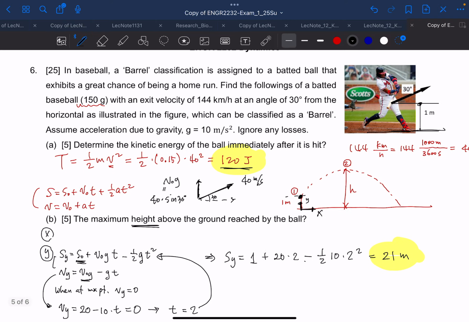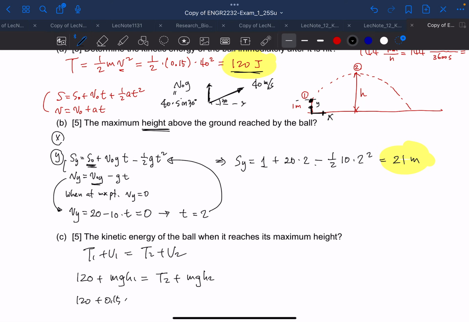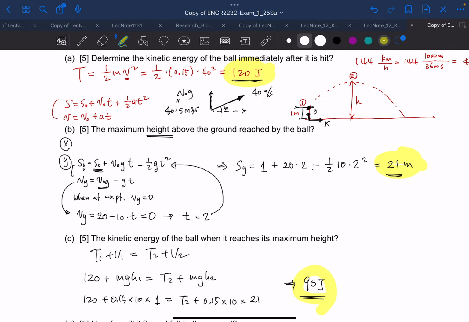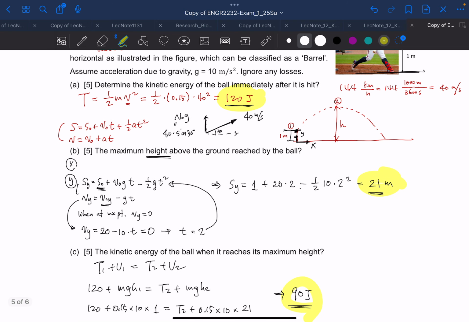What's my m? It is 0.15 times g is 10 times h1 is 1 meter, is T2 plus m is 0.15 times g is 10 times h2 is my max height, which is 21. So from here, what we get is 90 joule, if my math was correct. Okay? Does that make sense? Any questions up to here?